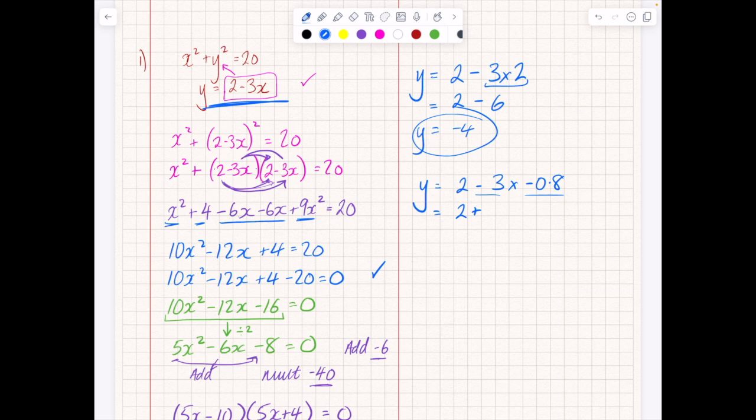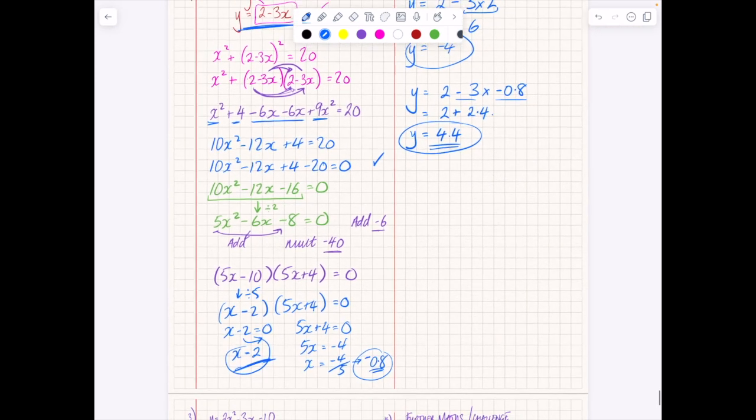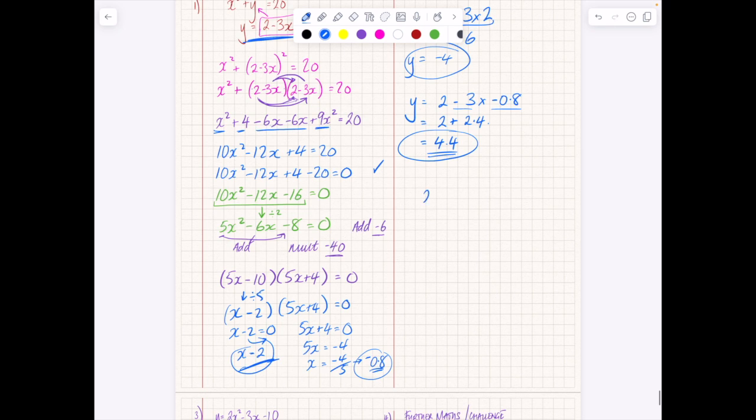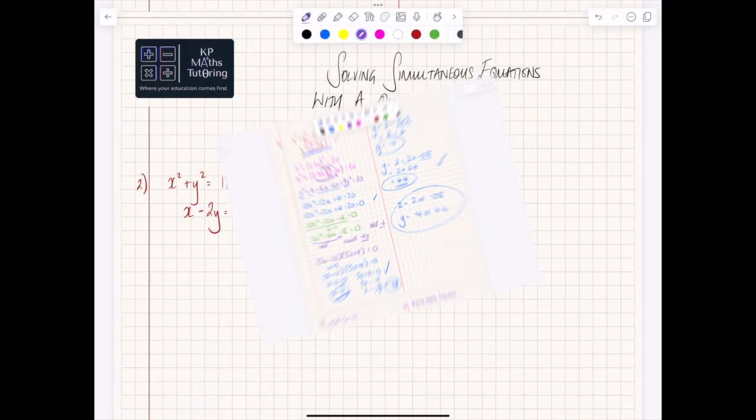The answer there would be 2.4, which gives you 4.4. So y would equal 4.4. Okay, so your answers would be x equals 2 or minus 0.8, and y equals minus 4 or 4.4. They're your answers. We get another mark here, another mark for getting your y value, so 4 marks altogether.